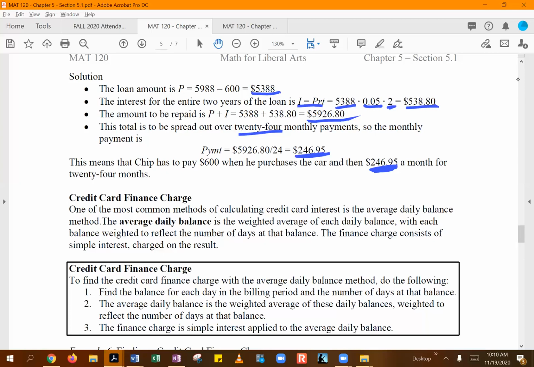Not finding an example that I did. Okay, so these ones are actually not giving me an example for the add-on interest.